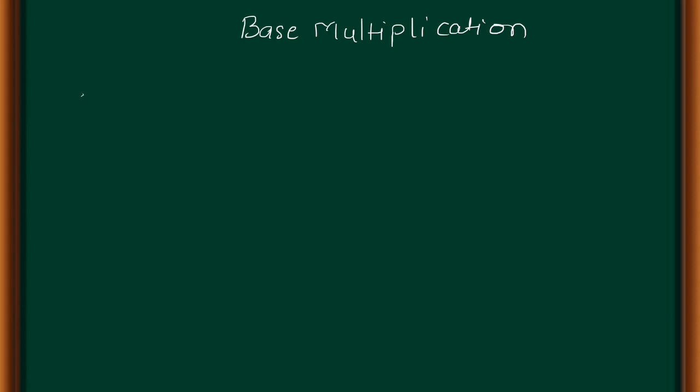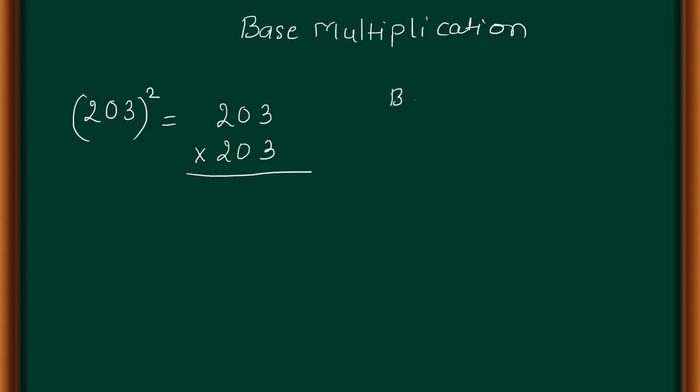Okay, see, basically, if he has to square 203, so if it has to be 203 square, that means it is 203 multiplied by 203, correct? Now the base of a number: 203 is close to 200, so this 2, the first number of this 200, we have to write it here.